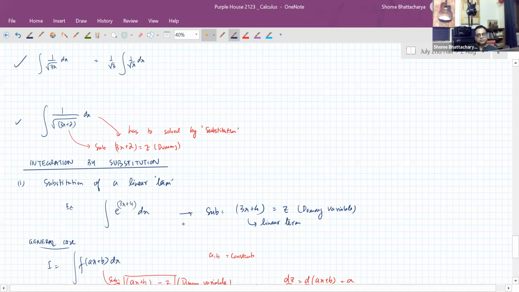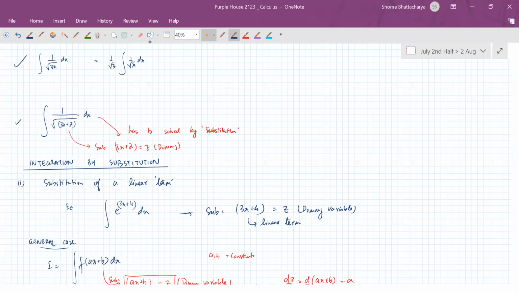I'm just showing you what type of example we'll apply this situation in, where we substitute the linear term as a dummy variable. So this is the first type of substitution that we're learning, substitution of a linear term. Just make a note up to this general case below. Then we'll solve a couple of examples using this, and it will become clear.